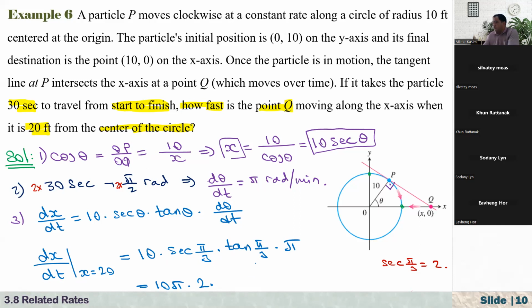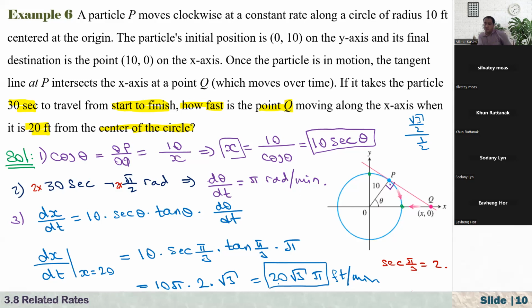And tangent of pi over 3 is square root of 3 over 2 over 1 over 2, sine over cosine, which equals square root of 3. So that is equal to 20 times square root of 3 times pi feet per minute. So at that instant, point Q is moving at this rate towards the origin.